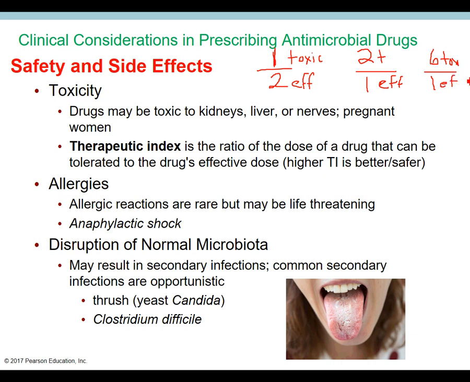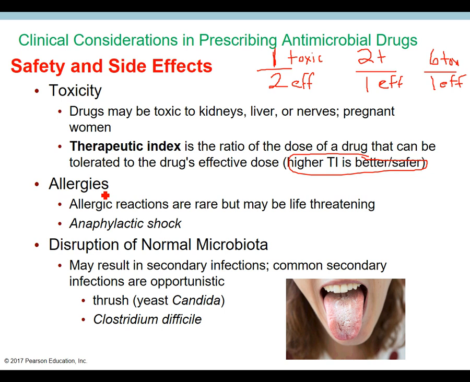So when you look at these therapeutic indices, the 1/2 is a bad therapeutic index. The 2/1 is better, and the 6/1 is even better, because you'd be easily able to give the effective dose and not reach the point of toxicity. So you end up with this overall statement, but you do need to understand what that's talking about, therapeutic index.